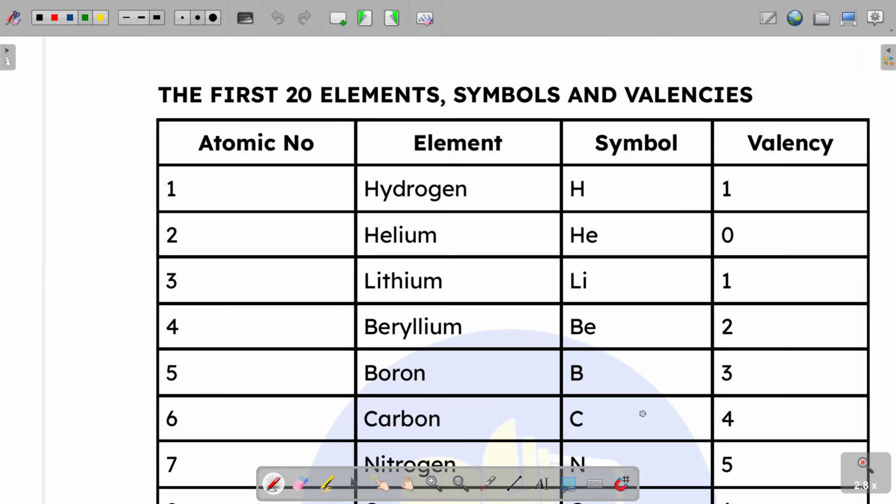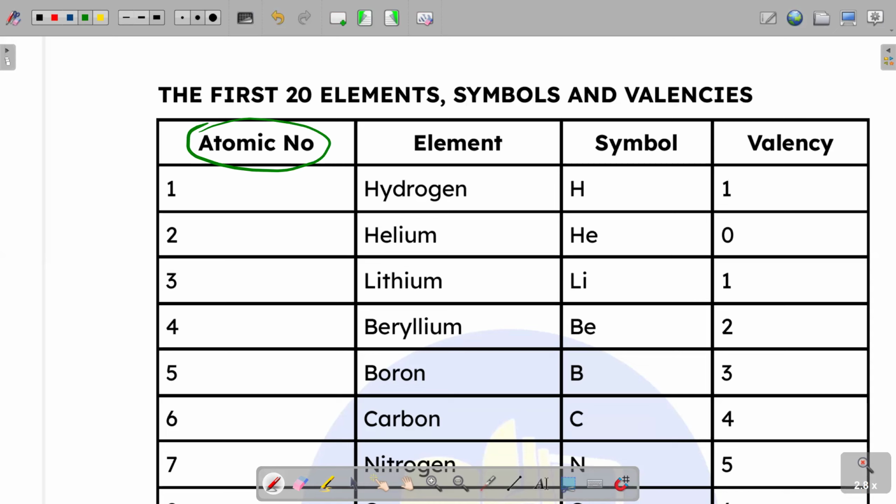Now, but let's look at the first 20 elements in that order of the atomic number. The atomic number is nothing but the number of protons possessed by an element. It's like the identity of an element.